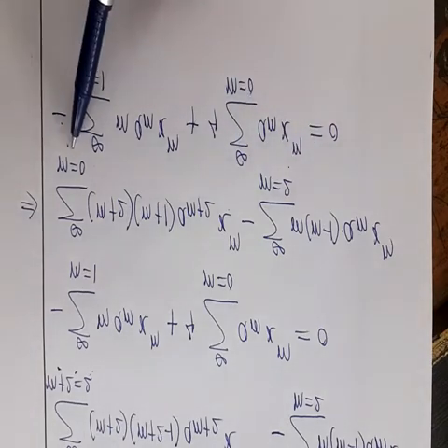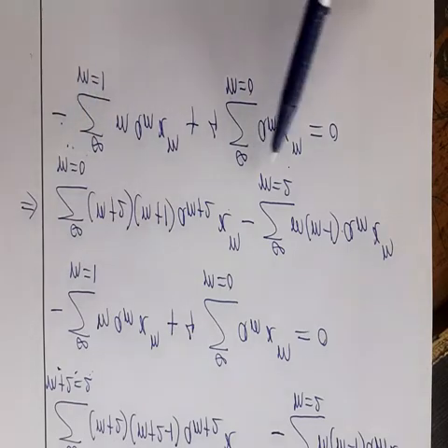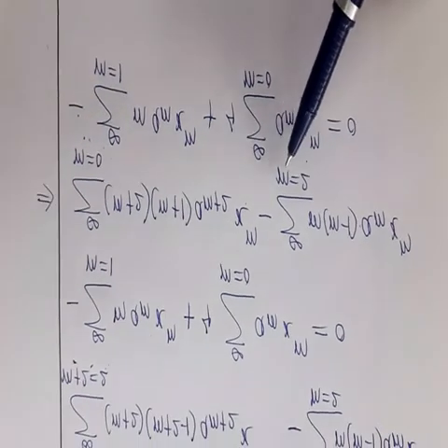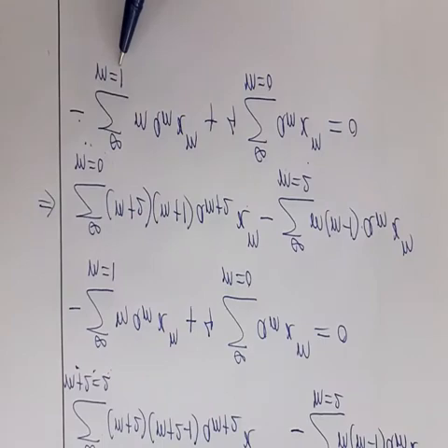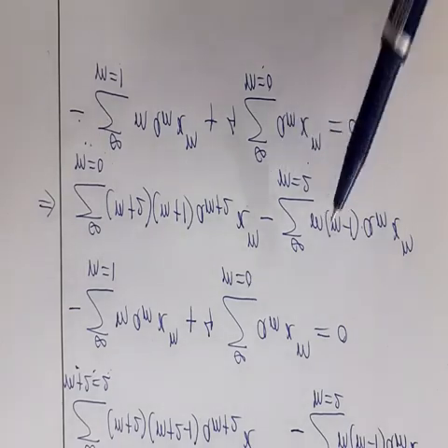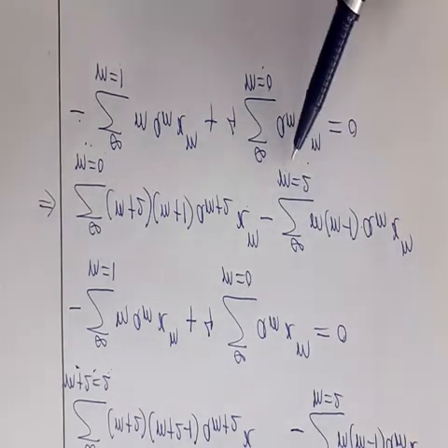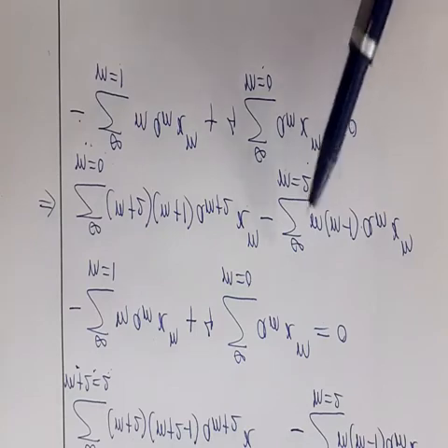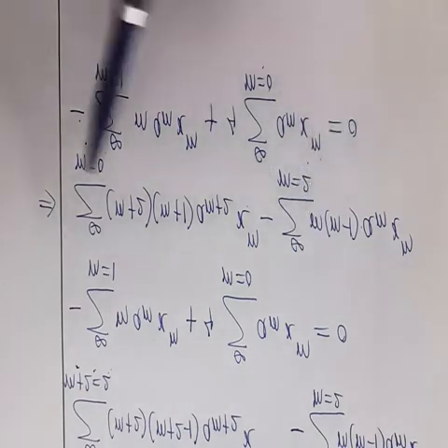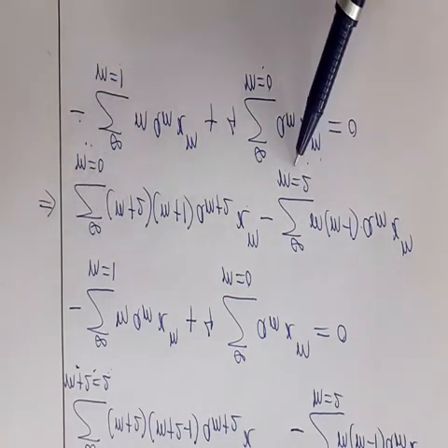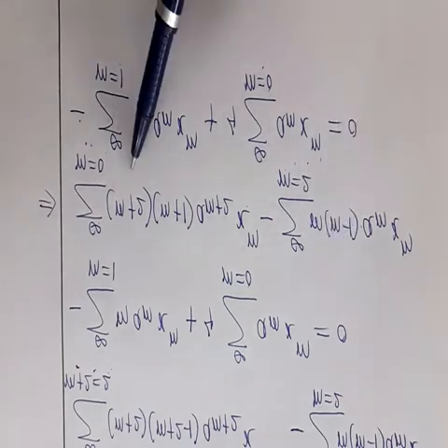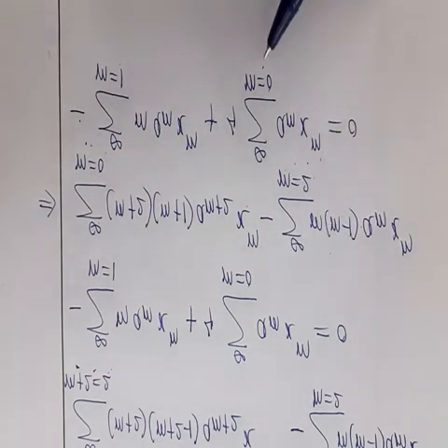The first summation starts from m equals 0, the second from m equals 2, the third from m equals 1, and the fourth from m equals 0. We observe that the maximum starting value of m is 2. We cannot change that one, but we can write the 0 to infinity and 1 to infinity summations in terms of 2 to infinity.